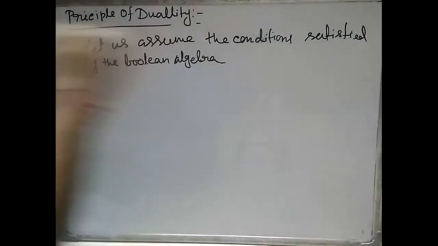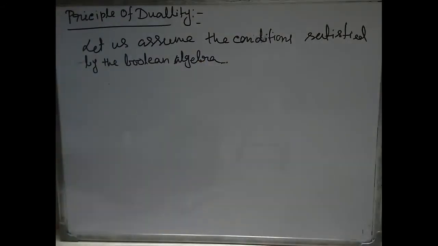That means each of the conditions 1 to 4 contains two parts, one of which can be derived from the other by an interchange of the operations plus and dot and an interchange of the identity elements 0 and I.